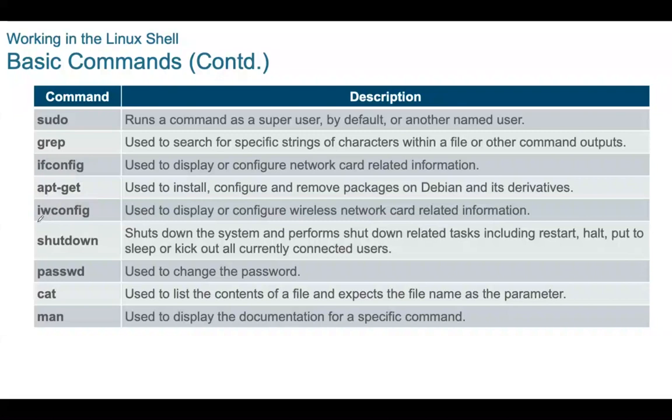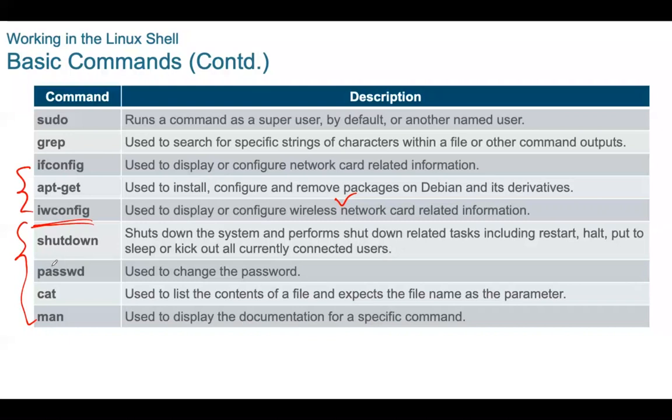And another important command, because these are the most important commands which we try to execute in our lab: the iwconfig command is used to display configuration information related to wireless networks. ifconfig is for your wired network. iwconfig is used for your wireless network information.